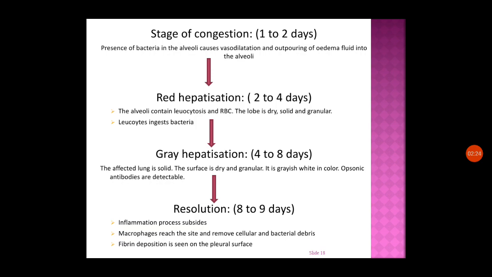In red hepatization, the alveoli contain leukocytes and RBC. The lobe is dry, solid and granular. Leukocytes ingest bacteria. More oozing of components from blood will happen into the alveoli, so leukocytes, RBC and macrophages will be entering the alveoli. This is trying to kill the bacteria.